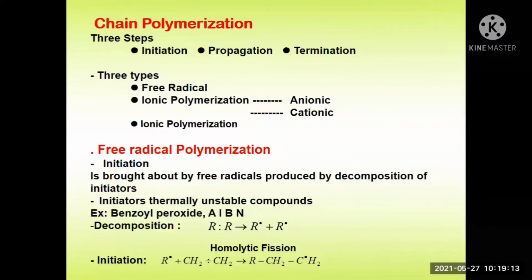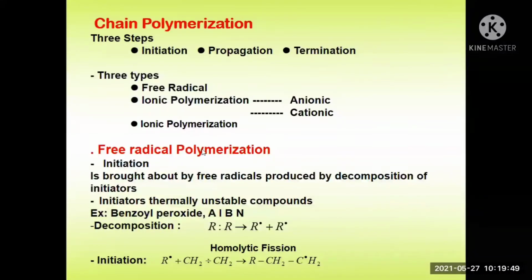Free radical polymerization takes place through a chain mechanism, and the chain mechanism involves a free radical intermediate. As you already know, free radical intermediates are formed through homolysis or homolytic fission, and free radical reactions generally take place in presence of heat and high pressure.